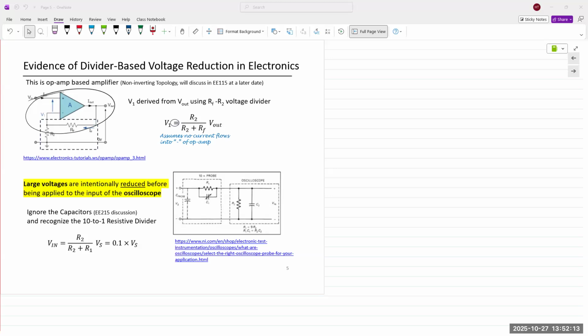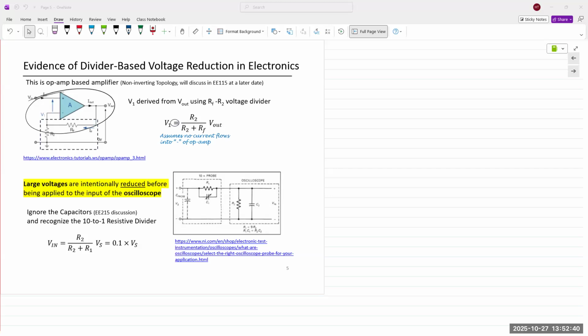Op amps are comprised of numerous transistors and numerous resistors configured in an amplifier configuration. Very powerful microchip, very powerful system. But in circuits 1 and in circuits and electronics 1 for CP majors, we study op amps not the internal circuitry, but as a building block.